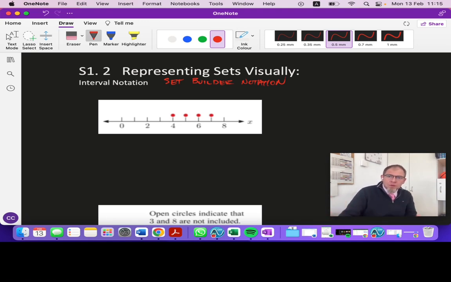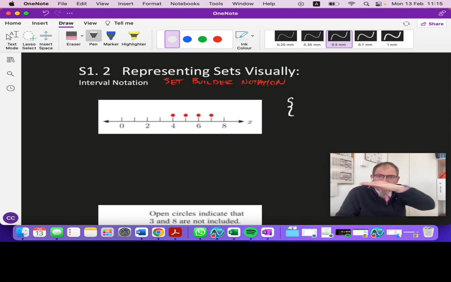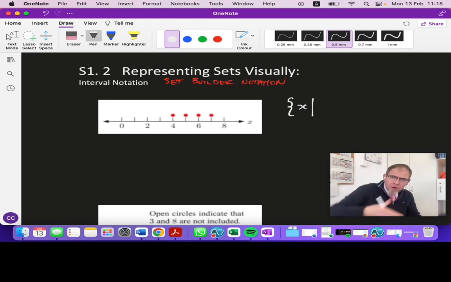So the way that we would draw this set in terms of set builder notation is we are going to write this as open brace, and then this is the x-axis, so I'm going to start with x such that, so it's an x, then that large vertical line, such that, and then what are the values that we have?